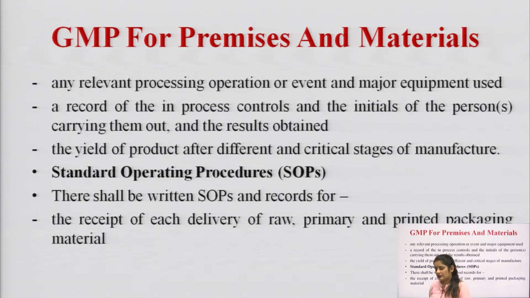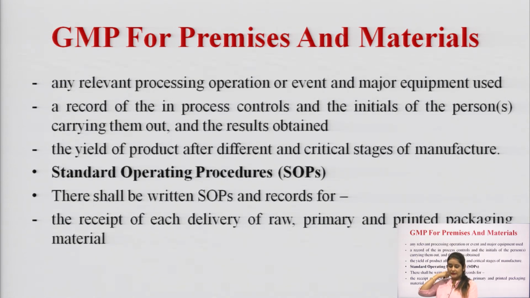A record of in-process control and the initials of the persons carrying them out and the results obtained. The yield of product after different critical stages of manufacture should also be mentioned. So, be careful, the batch processing record is maintained only and only for the current running master formula.